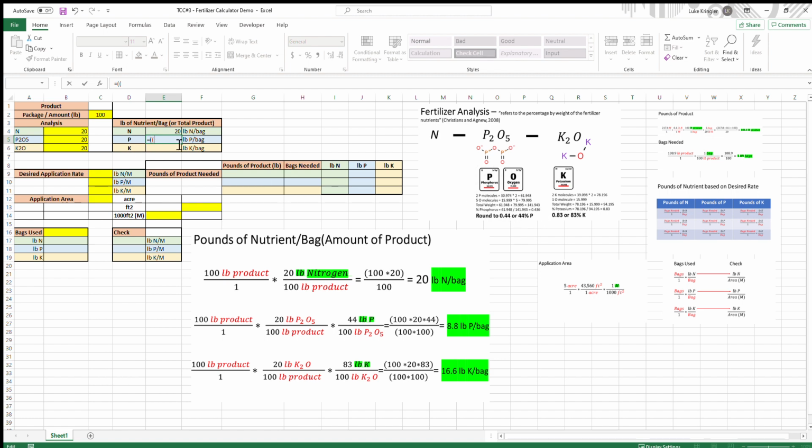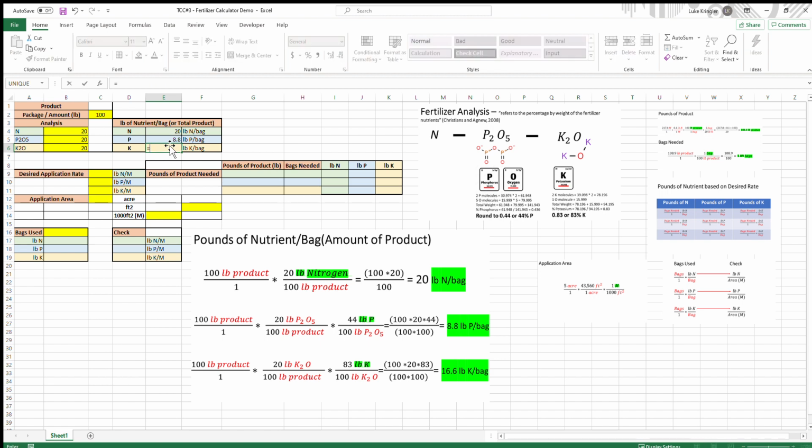So we take the analysis of our fertilizer for P2O5 and multiply that by 0.44, then divide that by 100 to get a percent, and then multiply by the weight of our bag. And we find out how much elemental phosphorus is in 100 pounds of our 20-20-20 fertilizer.